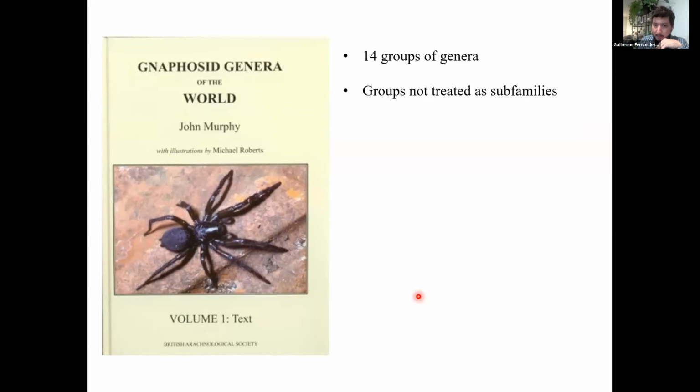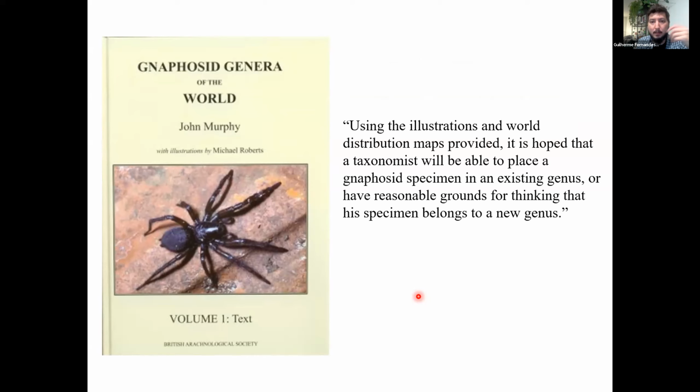And this was a really important step in systematics and taxonomy. And this is a quote from the book where he said that he would expect that the book would serve for taxonomists to identify species or have an idea if this is a new genus or not, or which genus it belongs to. And actually, I think that's really important, and the job was really well done.